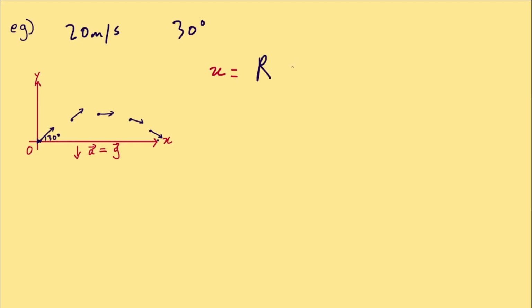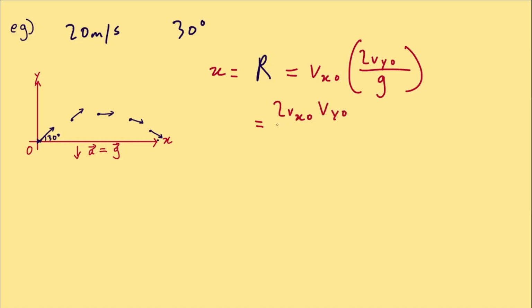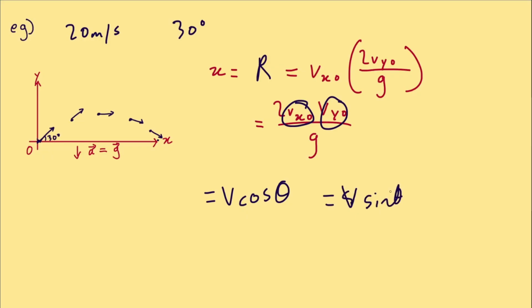And if you remember your kinematic equations, x is equal to velocity times time. Now let's substitute in for time that small formula that we found earlier, 2 v y0 over g. This equals 2 v x0 v y0 over g. And if you remember, v x0 is equal to v cosine, and v y0 is equal to v sine.